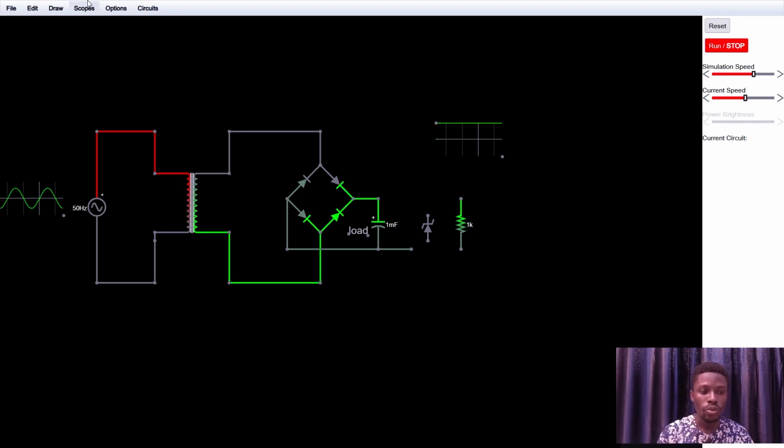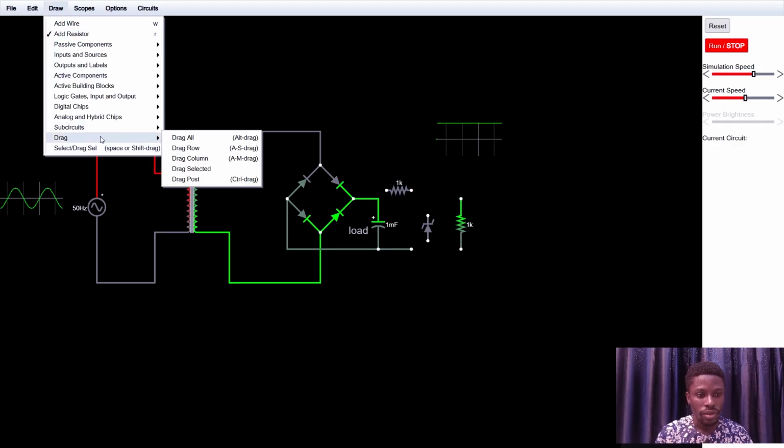Now, one rule when you are adding a Zener diode to your circuit, you must place a resistor between the power line, within that power source, and the diode in this manner.